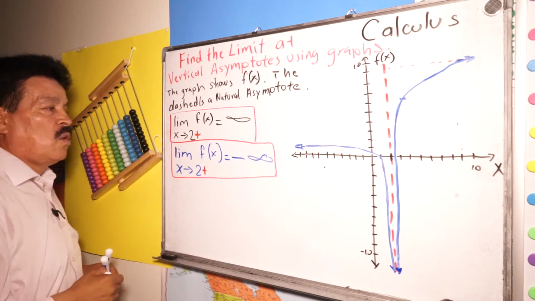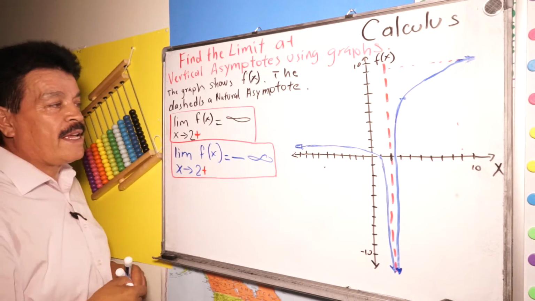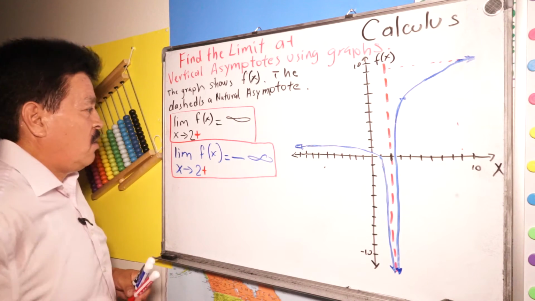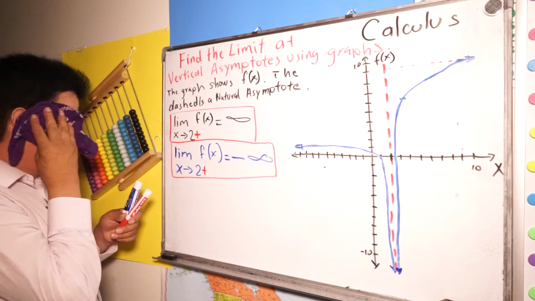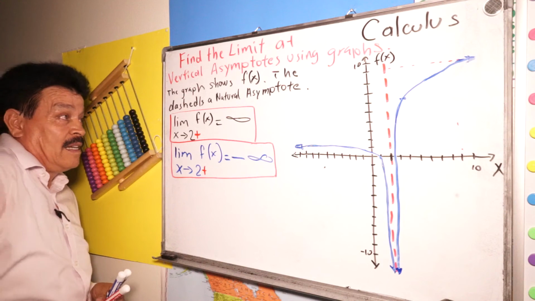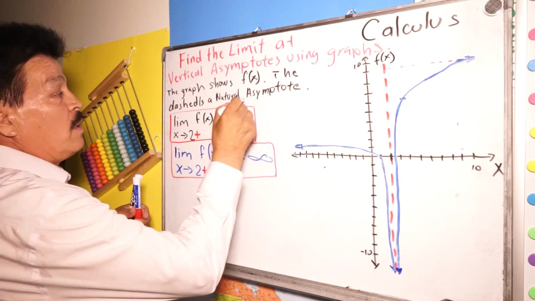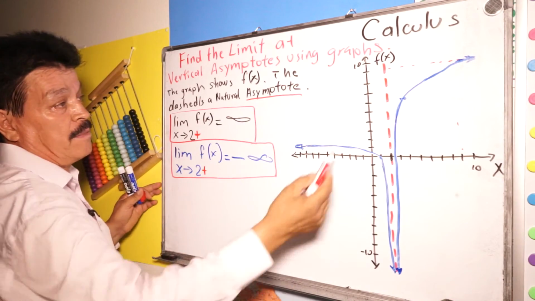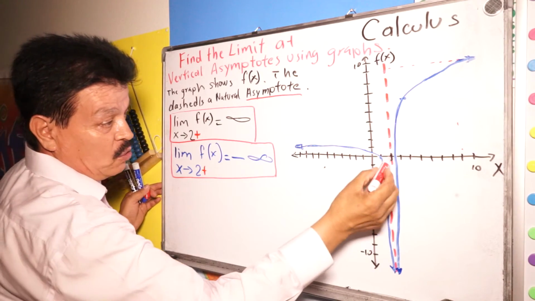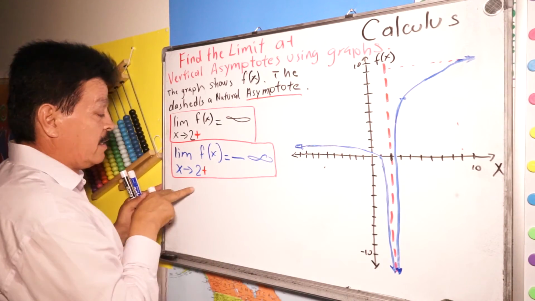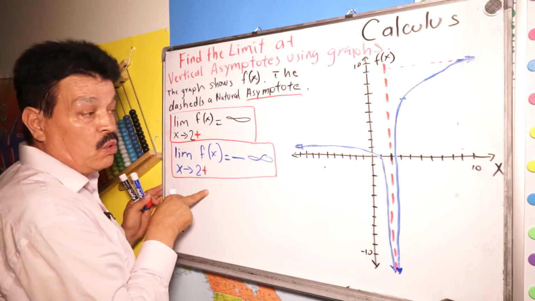One of these is the right answer. We're talking about this vertical line right here at number 2, so x approaches 2 from the right.